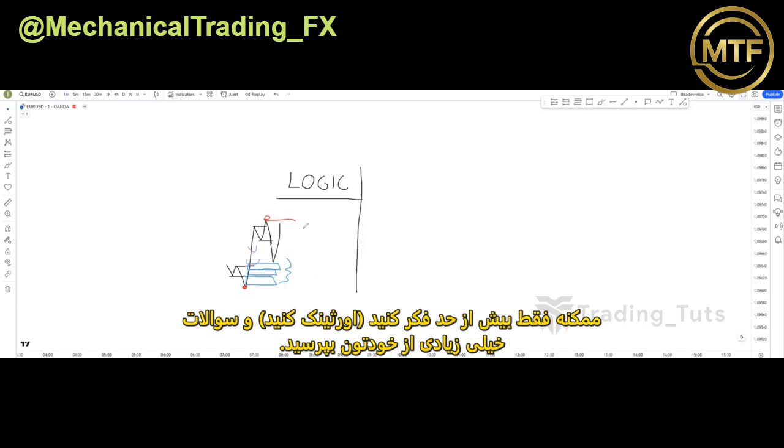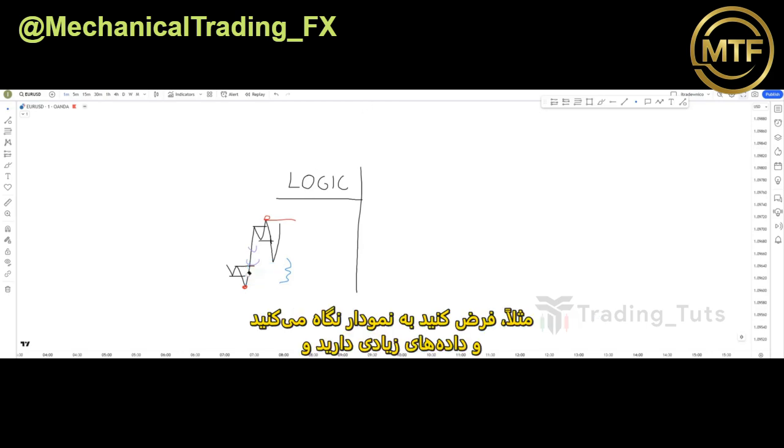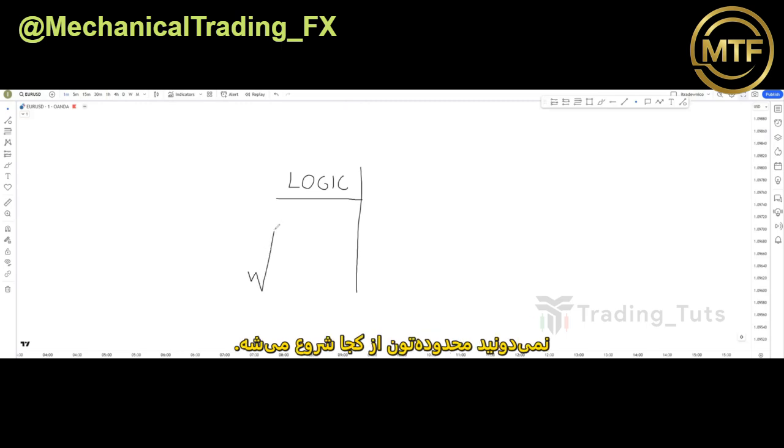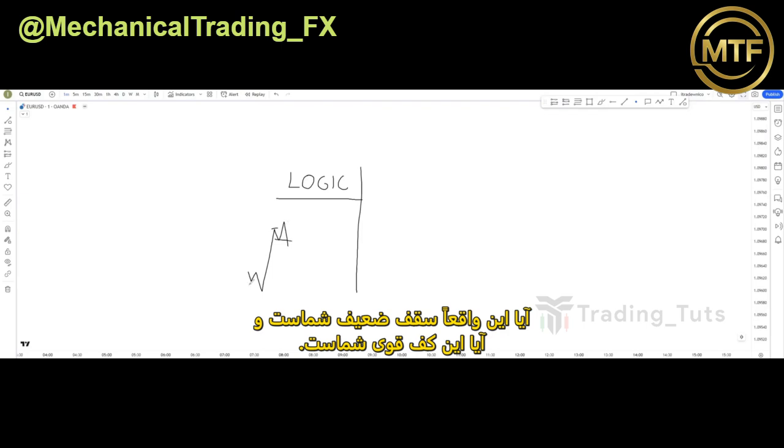You may just be overthinking and asking yourself way too many questions. So let's say, for example, you go to the chart and you have a lot of data and you don't know where your range starts, if this is really your weak high and if this is really a strong low, because the market is not going to show you exactly like this.